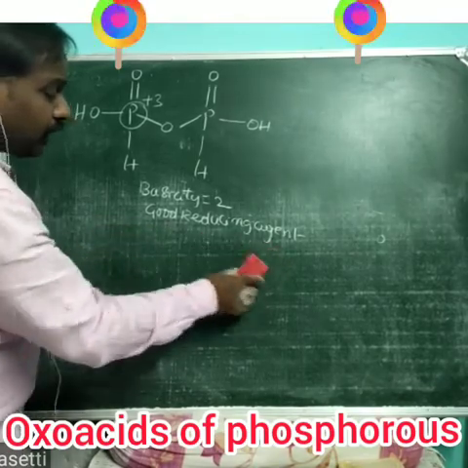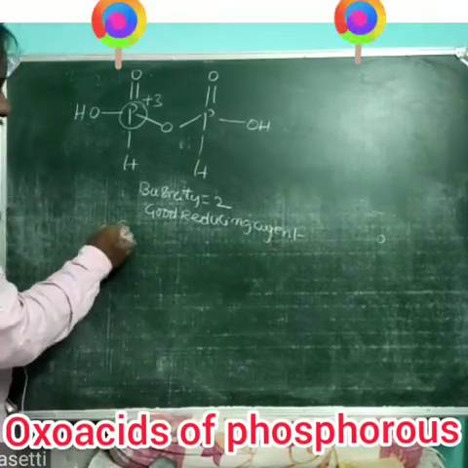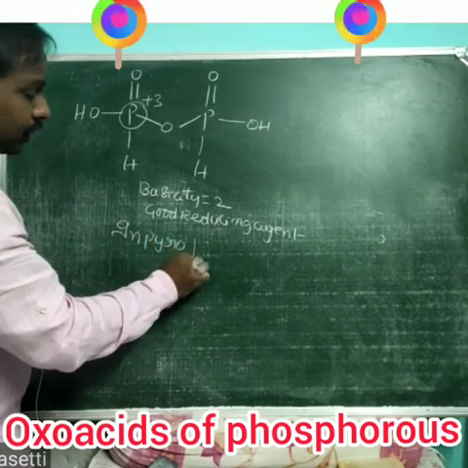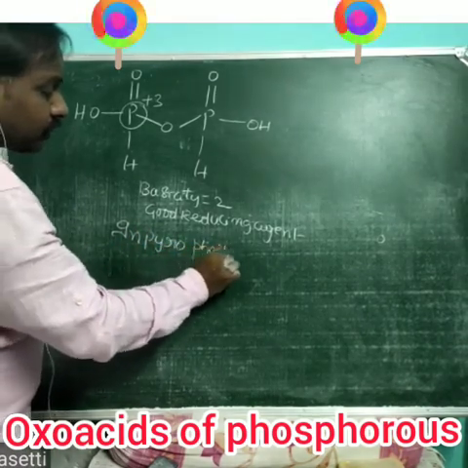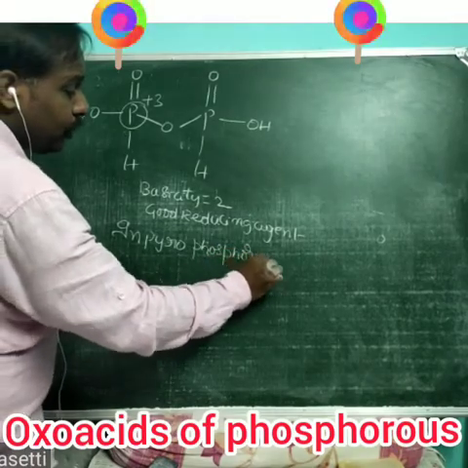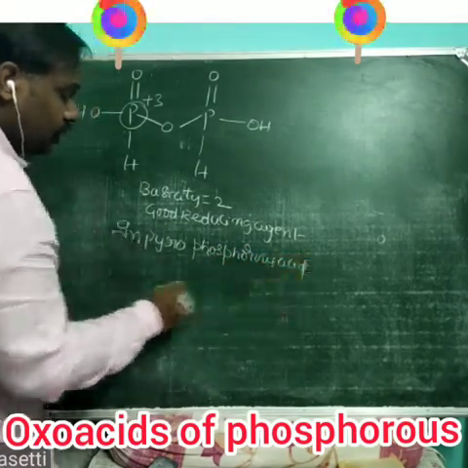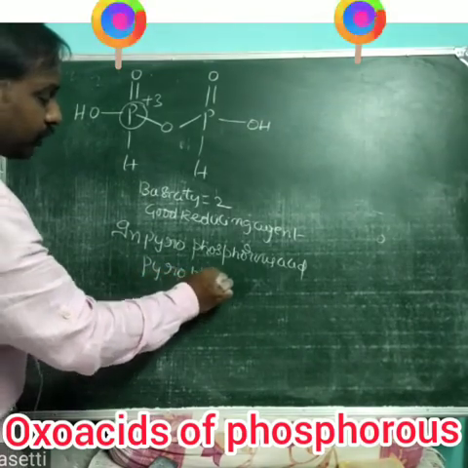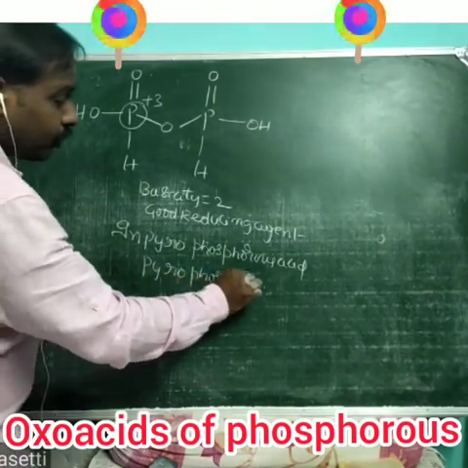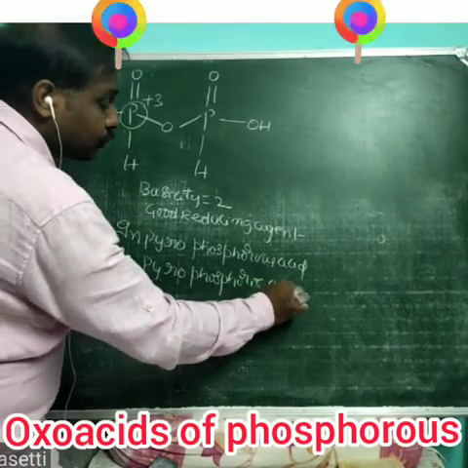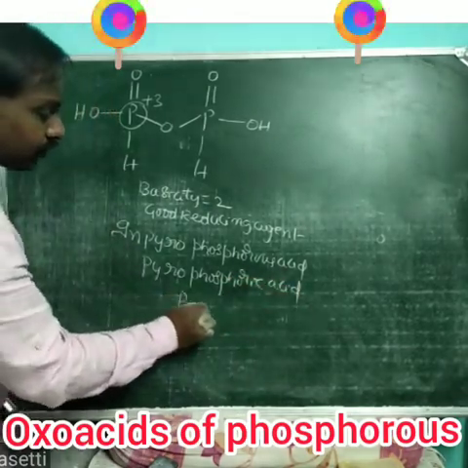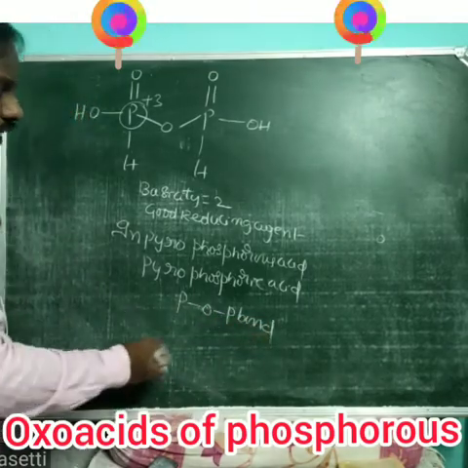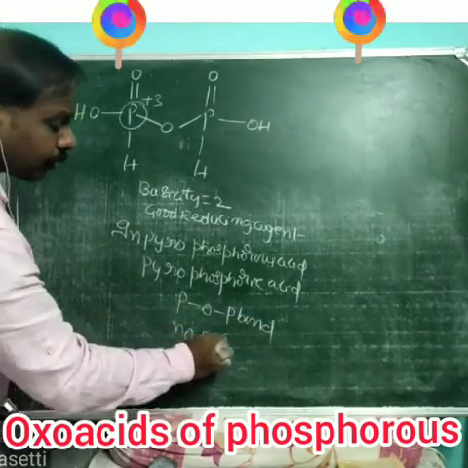And remember, in pyro compounds, in pyrophosphorus acid and pyrophosphoric acid, which will come next, there is a POP bond. In this case, no PP bond.